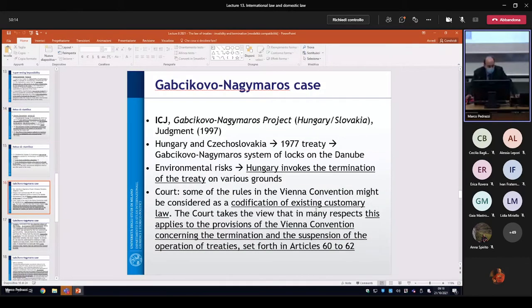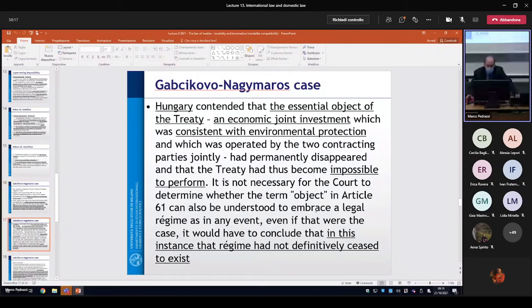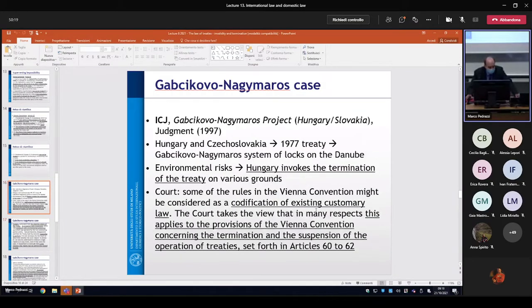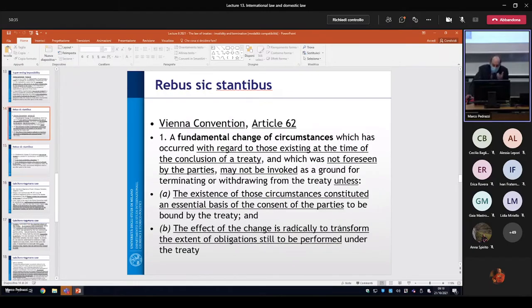So the interpretation given by the court clarifies that, in fact, the exception, the clause rebus sic stantibus, tends to be denied in each specific case because it is, as I mentioned, the rule that puts into peril the survival of treaties.